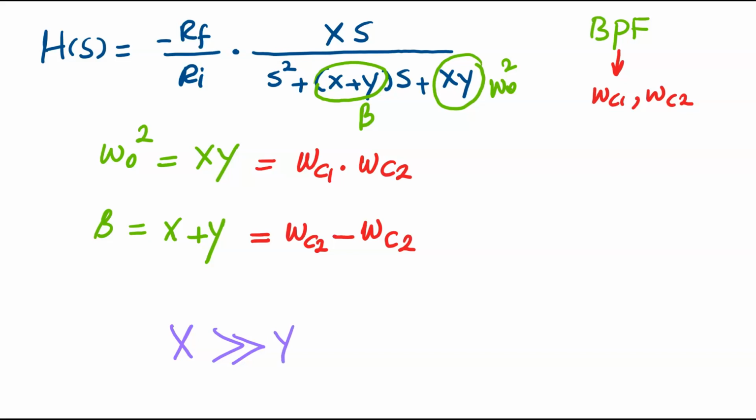So if you choose the cutoff frequency of your low pass filter, which is x, to be much greater than the cutoff frequency of your high pass filter, then you can say that x plus y is similar to x minus y.